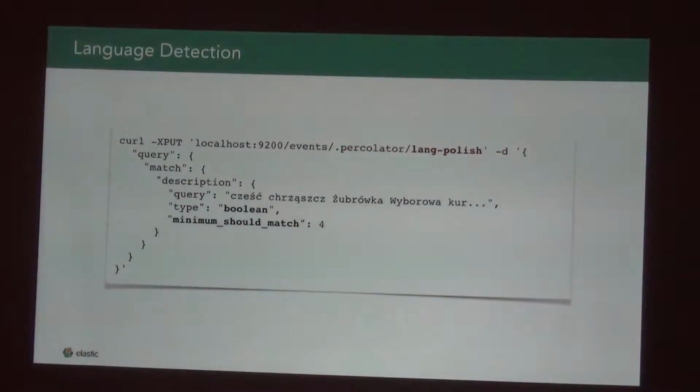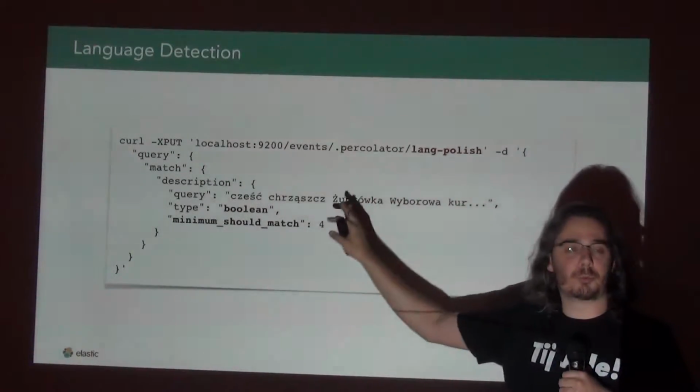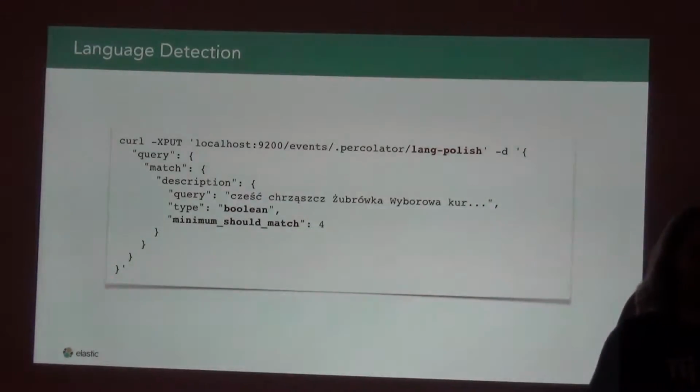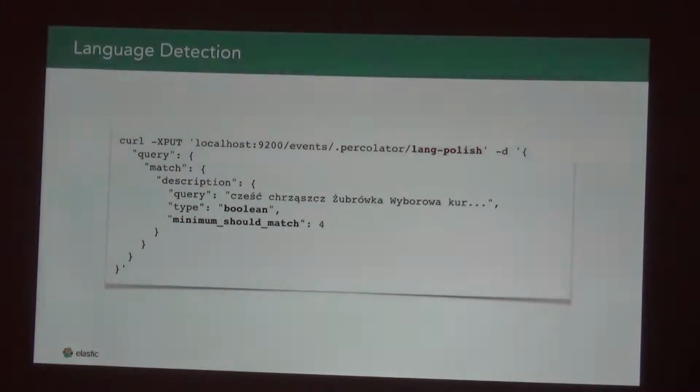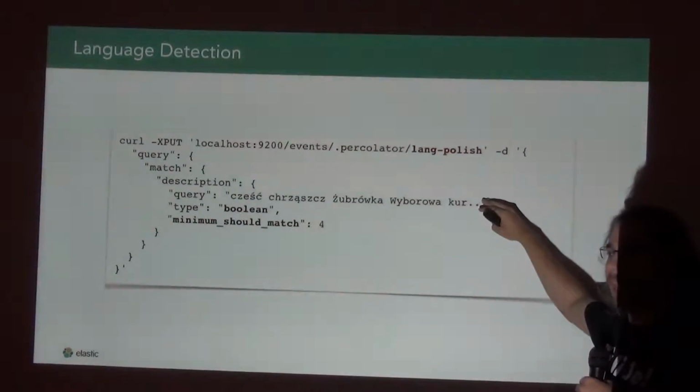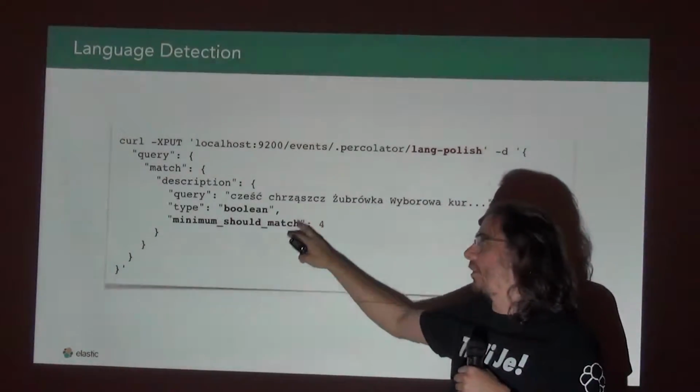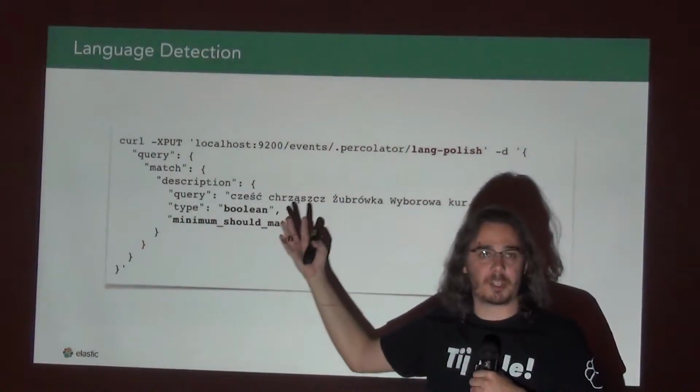The other use case is language detection. I use Polish here because Polish is very distinctive. But it is true for most languages in the world that they have several words that only occur in that language and in no other. So it is fairly easy to construct a query that will have a long list of words, and it's essentially asking if there are at least 4 of these words.